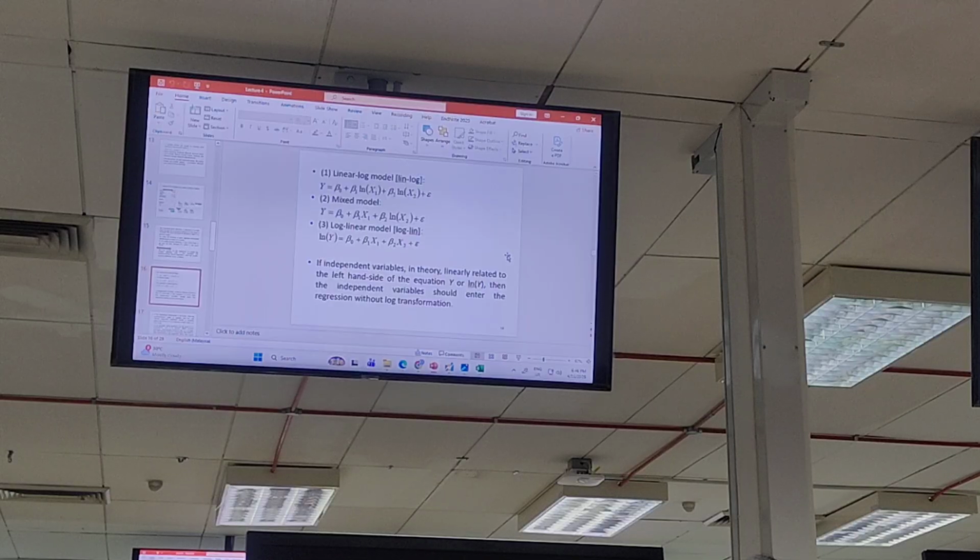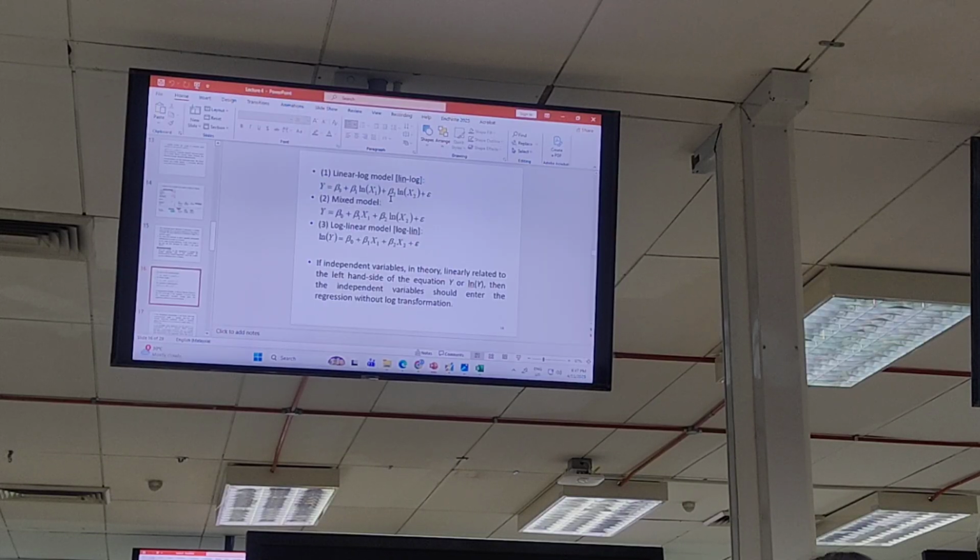So the linear log model is when we use the original value of y, but we use the log transform of x values. So this is linear log: linear for the dependent, log for the independent.